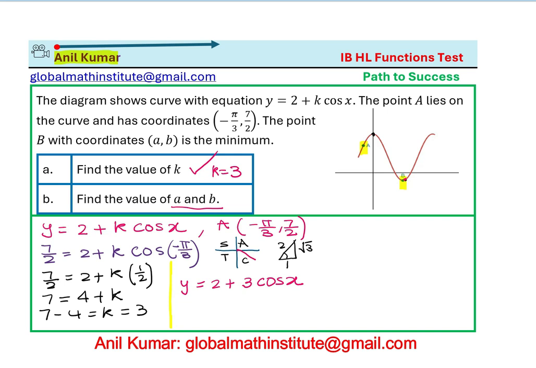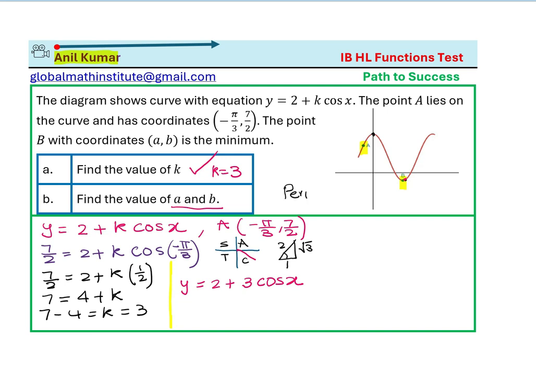So the period for this function is what? Period is 2 pi and minimum is at pi, right? So minimum happens to be at pi. So we can plug in pi for x and find the value of y to get the coordinates of B. That's one way to do it.